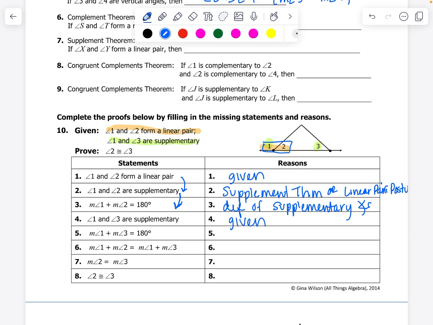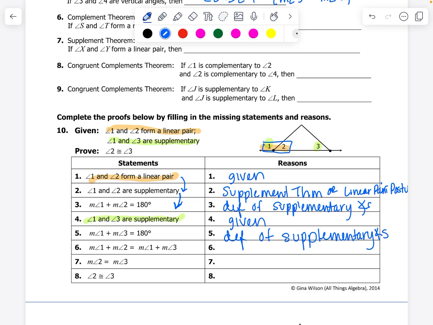So, I was given this here, we ran with that. Okay, so what do I know about supplementary? Oh, I know they add up to be 180. So I got that definition of supplementary angles again. Okay, now I know both of these, okay?